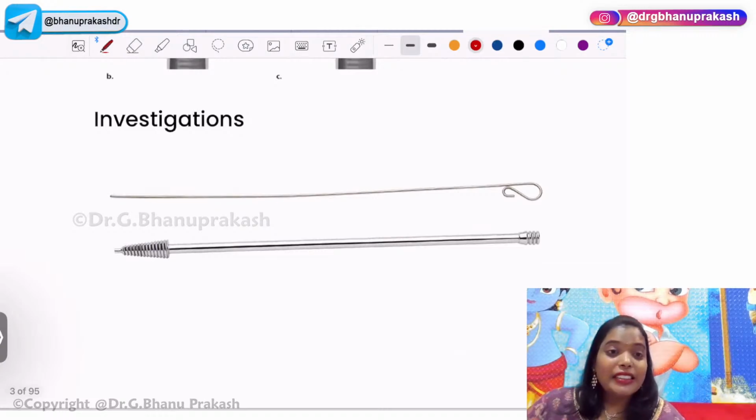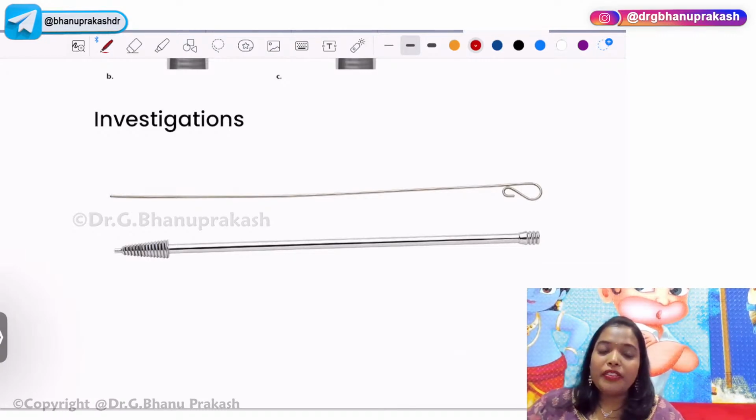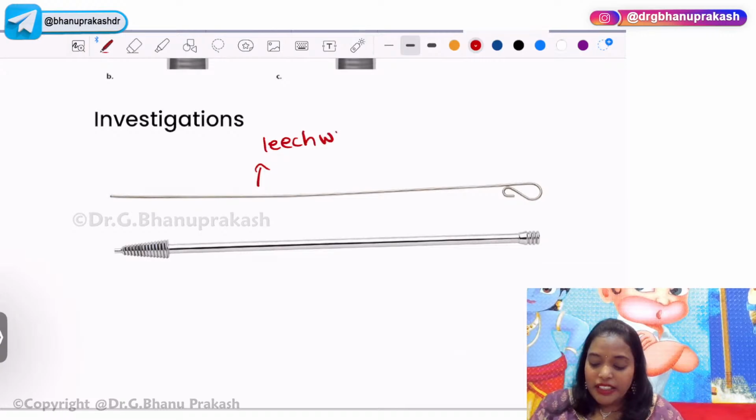Now, what is this instrument which you are seeing here? Yes, Bunny, Pratyusha, Jasmine, Dilip, Pradeep. So this is nothing but Leach-Wilkinson's cannula.